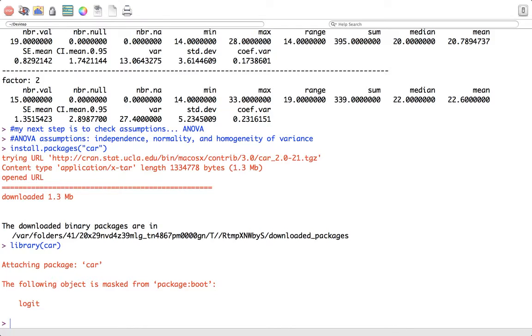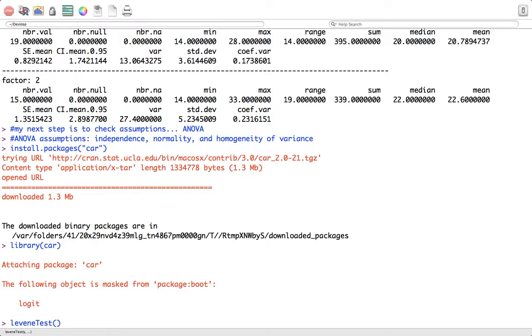Now, there's something masked here, I think. Yeah, it looks like something's maybe already been loaded by the first package, and it looks like there's a little issue with some overlap with car. I'm not really sure what's going on there. But nevertheless, we could run Levene's test.